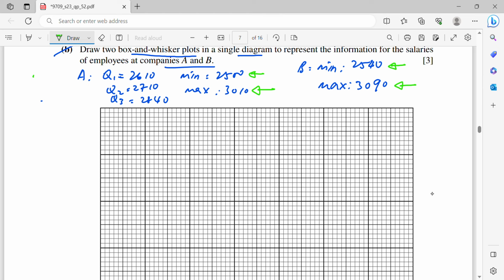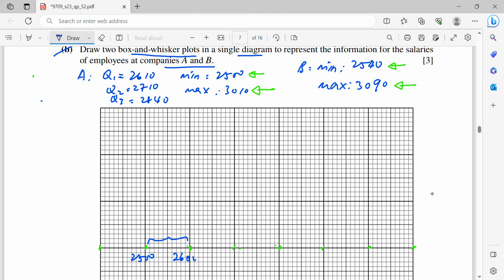Since the minimum is 2500, I will start by labeling 2500, and I will use a scale where this whole width is 100.